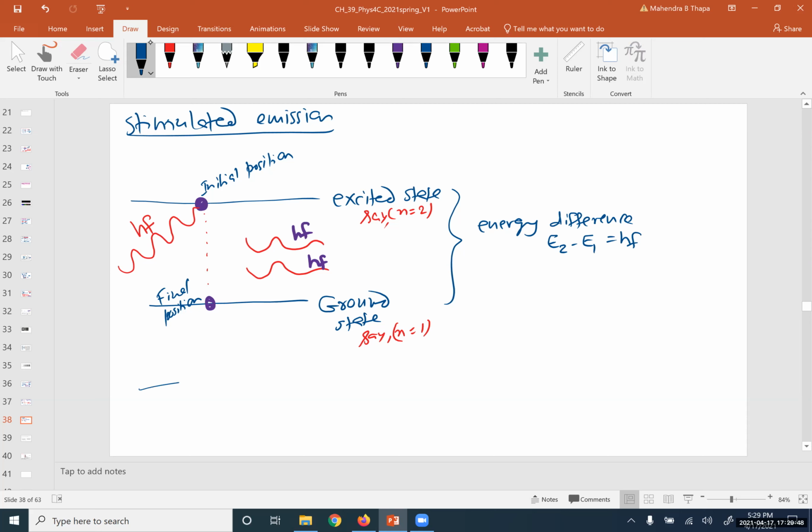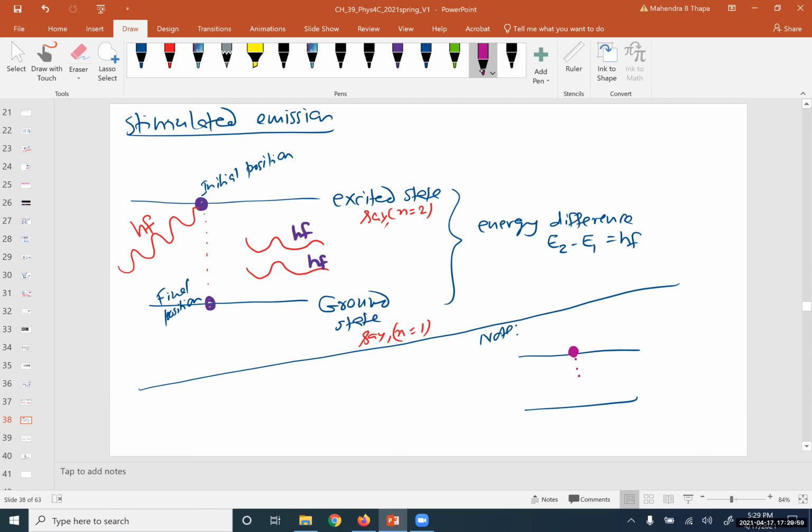Okay, if you remember the previous scenario, just as a recap: your electron is in a high energy level, it could jump to the ground state with the emission of a single photon. But this is not coherent. This we call not stimulated emission, we call it spontaneous emission.